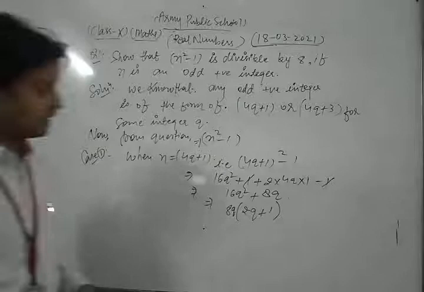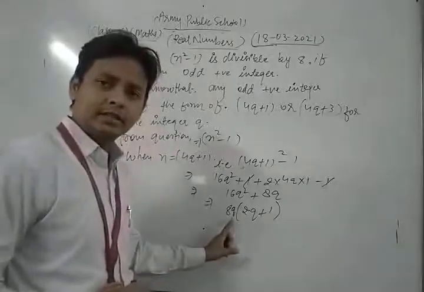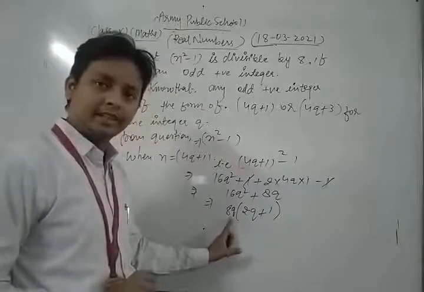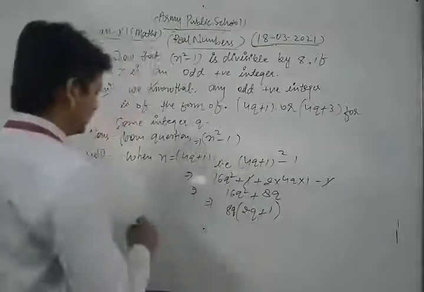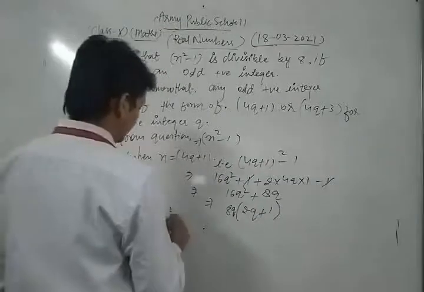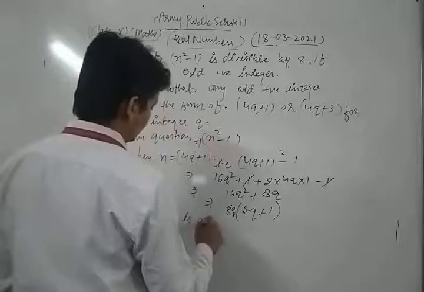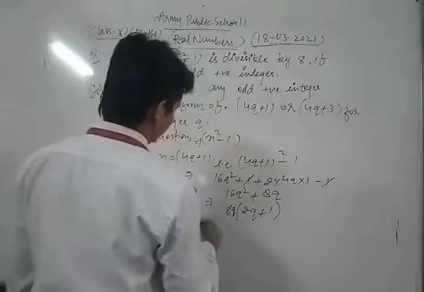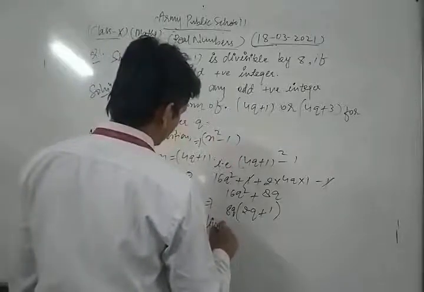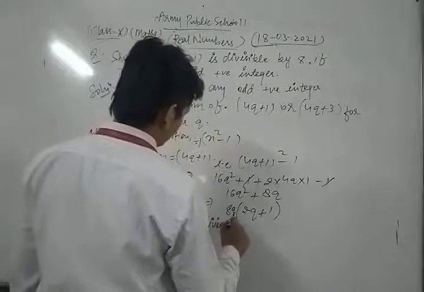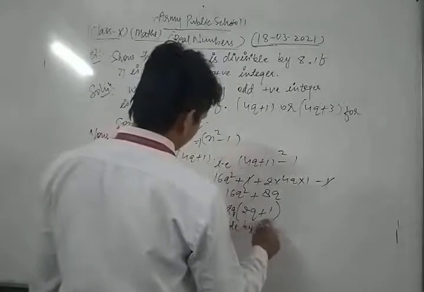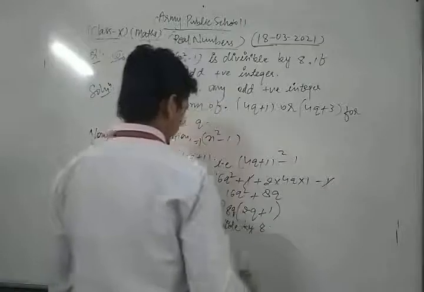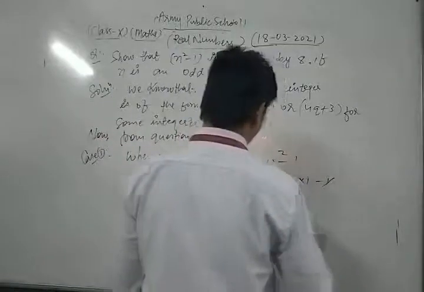In this way, this is divisible by 8, because 8 is a factor of that expression. Thus n square minus 1 is divisible by 8. This is proved.